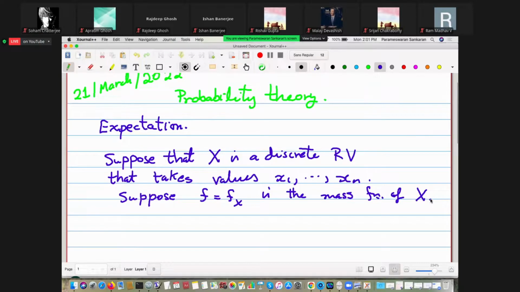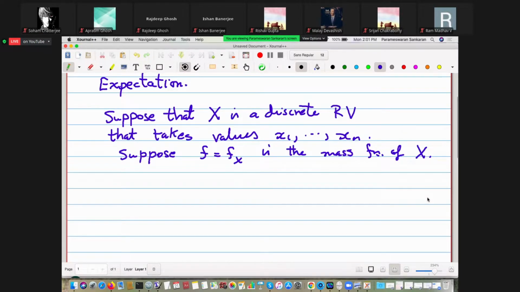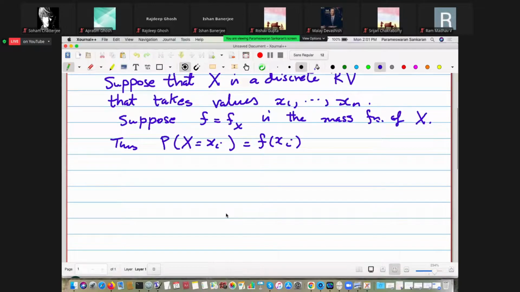Okay. And what does that mean? That means that the probability that X takes a value xi is just f of xi. Okay. And then what you do is you imagine some set of particles or points, whichever way.